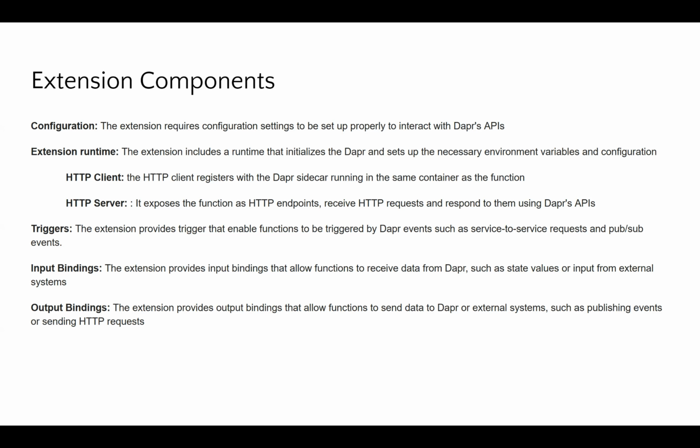And the extension runtime will have an HTTP client and an HTTP server. The HTTP server is primarily for Dapr to talk to the function when any external events or triggers will be triggering the function from Dapr. In such cases, Dapr to function interacts on the HTTP server.